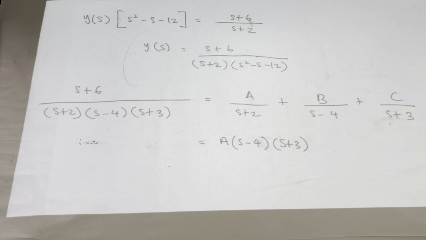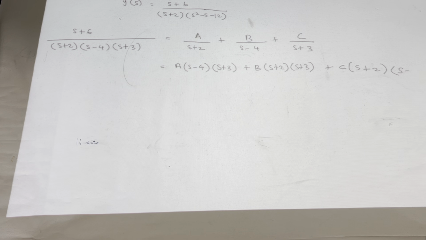For B, because you have s minus 4 already, you just multiply with s plus 2, s plus 3. And for C, you already have s plus 3, so you multiply with s plus 2, s minus 4. And all of these are equal to s plus 6.